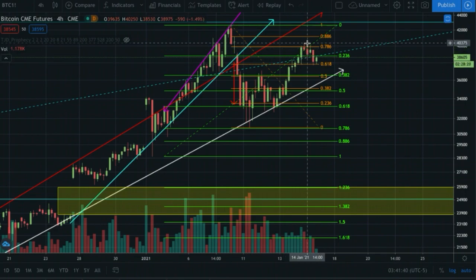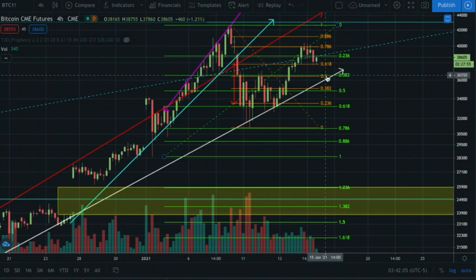Essentially, if we break down from here, I can at least make up the loss on the long from the short position, but I don't have to sell spot, so I'm essentially covering myself. If we break down past this trend line right here, though, I will get out of the trade with modest profits, but I've already taken some profits on the way up as well, at the retest of the top and then the measured move.